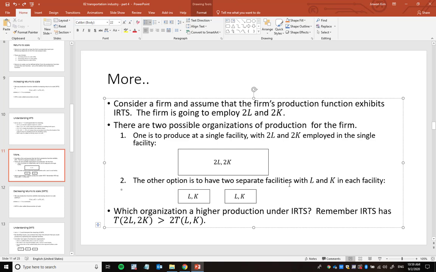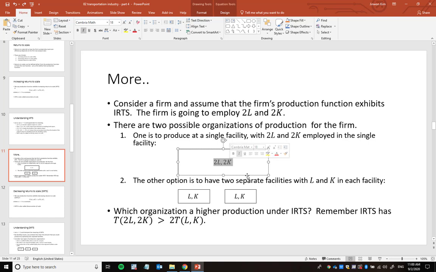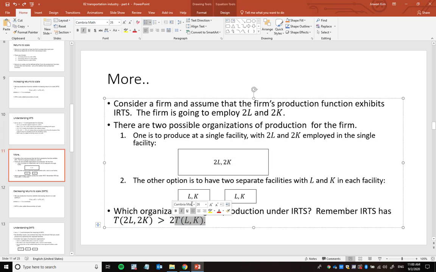The other option is to have two separate factories with L and K employed in each factory. Again, the rectangle measures the quantity of output produced by each factory. IRTS means that when you set up a large factory where doubled labor and doubled capital are employed at the same time, you can produce more than twice the output of these separate factories.